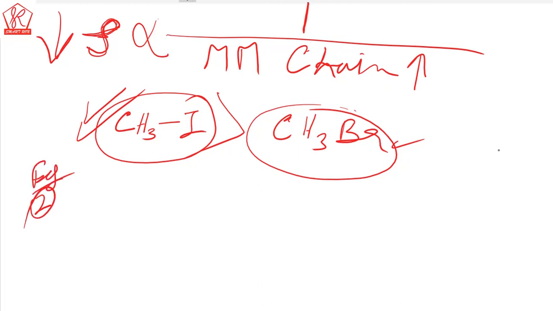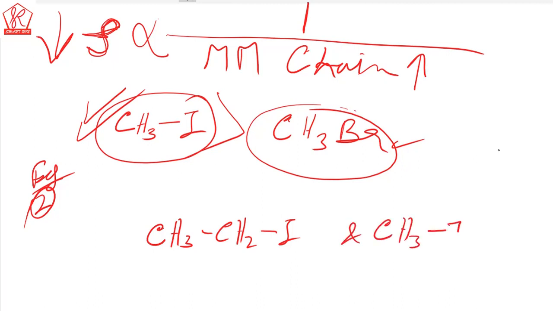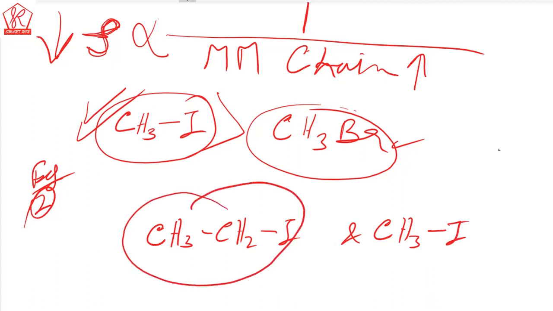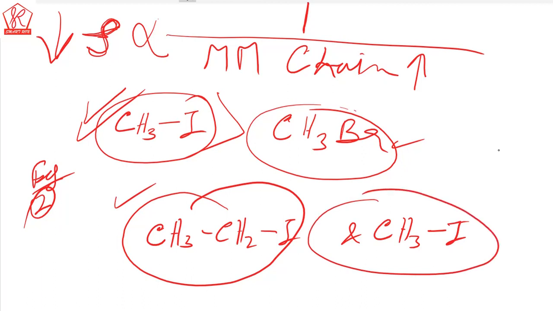If we have CH3CH2I and CH3I, here the number of carbon atoms is more in this one and less in this one. As we can see, the molecular mass here is greater than this one.